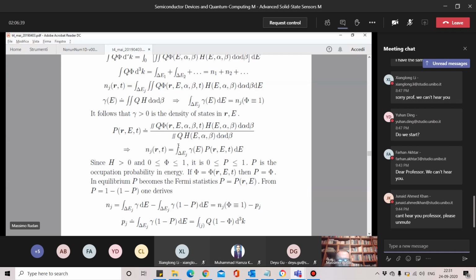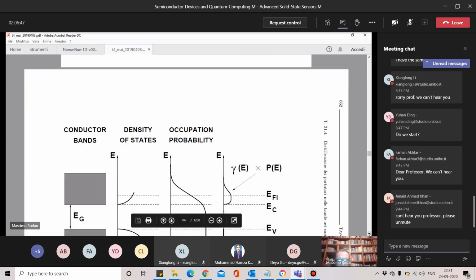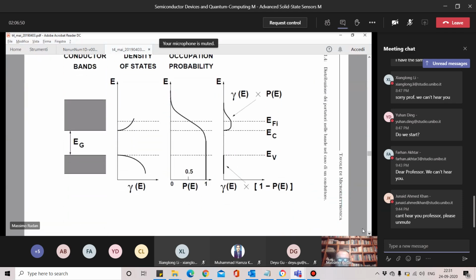We integrate over the energy of the band and obtain the concentration of the electrons. So we multiply qualitatively in the figure gamma times the Fermi statistics. You see, gamma is 0 here. P is almost 1. So the product here is 0.